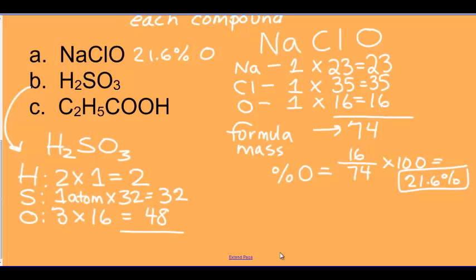I add those up and I get 82. So my percent O is equal to 48 out of 82 times 100, which gives me 58.5%. Wow.